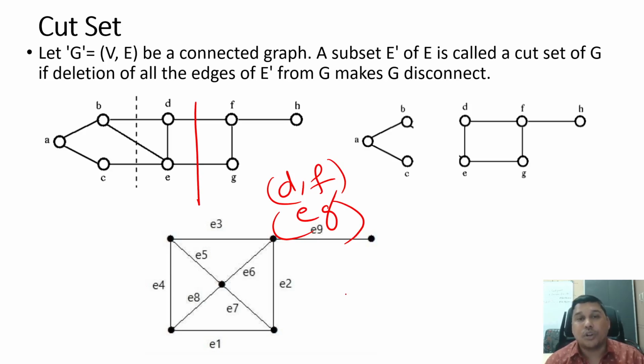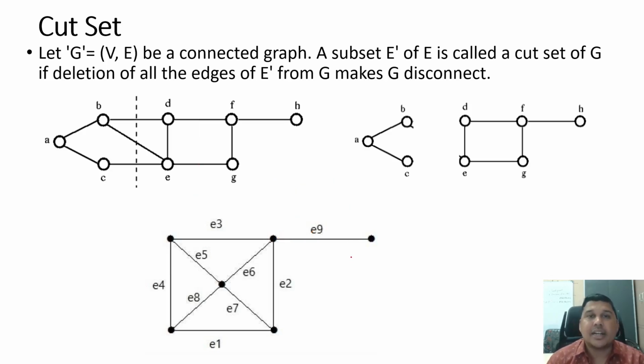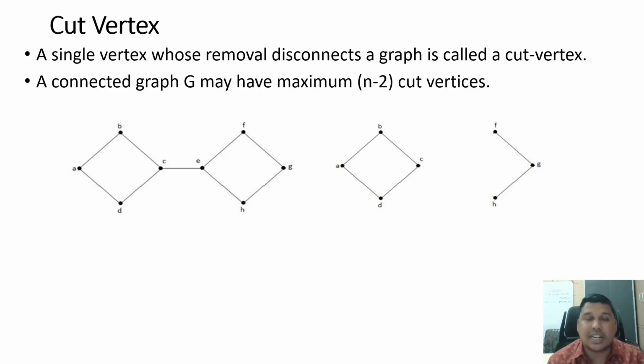Given a graph G, you have to find out which edges to remove to make the graph disconnected. A cut set is a set of edges such that if I remove them, the graph becomes disconnected, whereas a cut vertex is a vertex whose removal makes the graph disconnected.